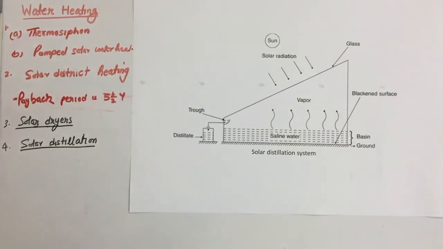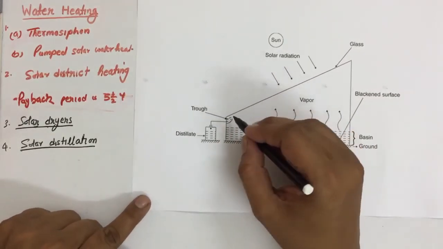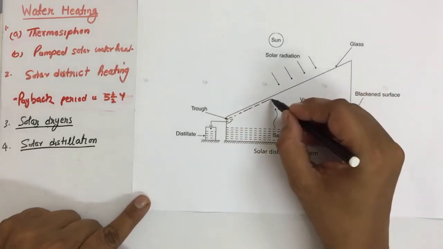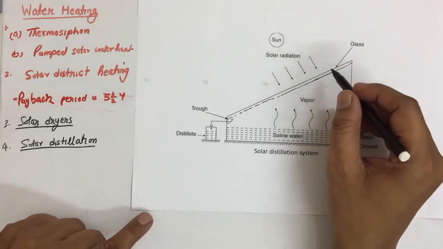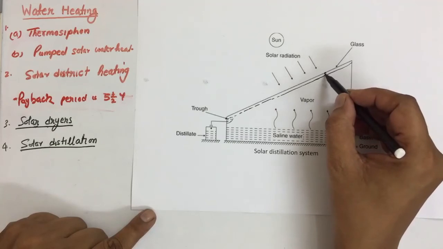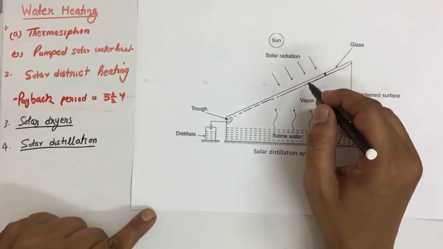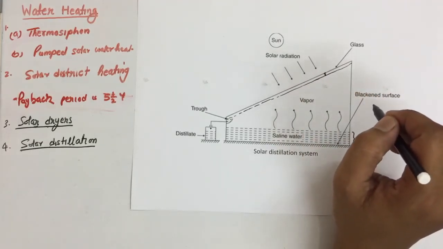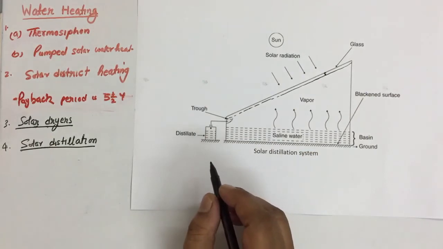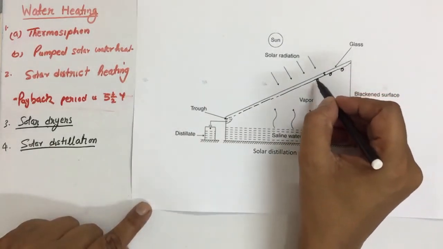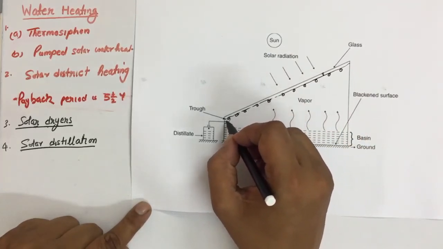So for that purpose, here two glass surfaces are being used, and there is a small distance between these two, so that the heat that is available inside does not get lost from here, and there is no leakage at any side, and these water droplets can be collected from here.